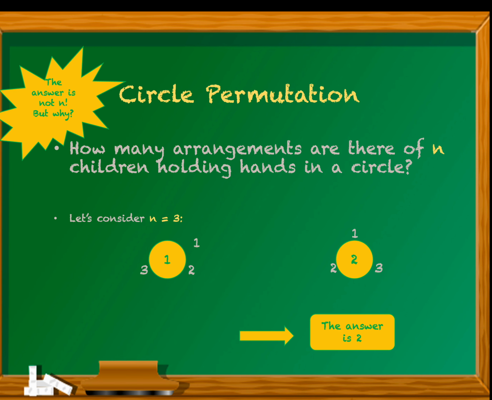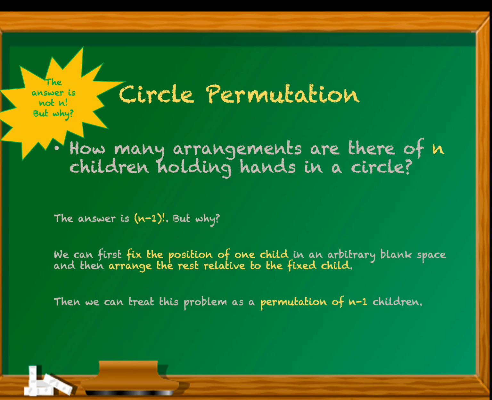And then we use again this idea of rotation to do the counting and visualize the idea behind that to students to know how to do the counting here. And then they would know why the answer to the circular permutation is n minus 1 factorial, but not n factorial.